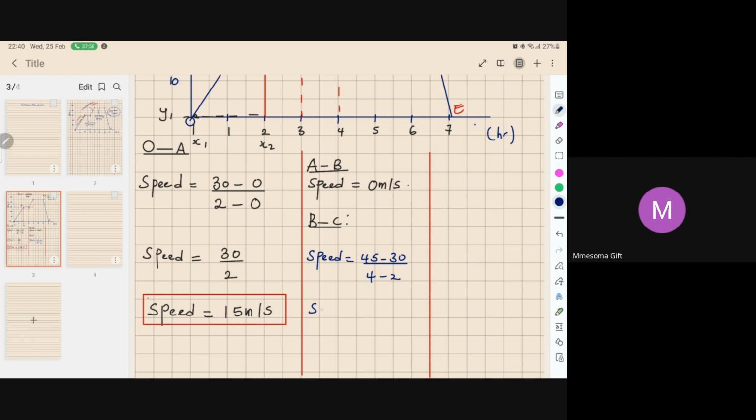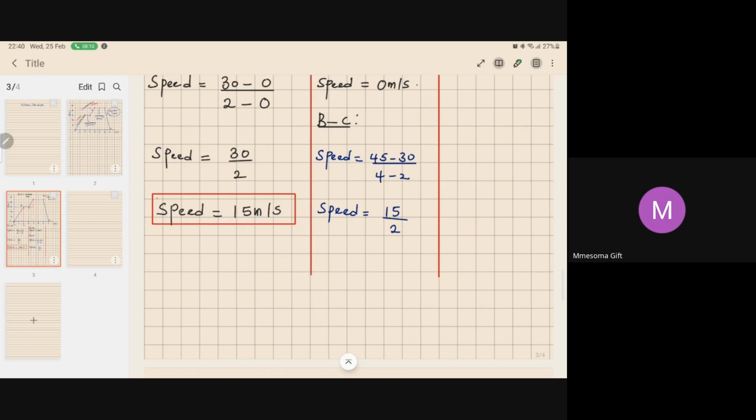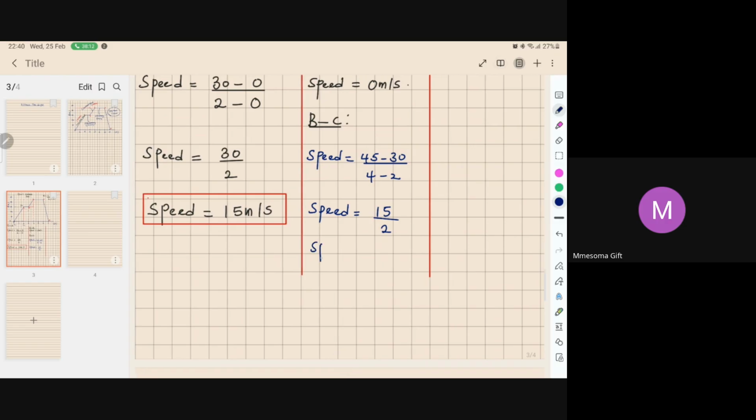So the speed for that section of the journey is going to be equal to 45 minus 30, which should give me 15. 15 divided by what? By 2. So the speed of that journey at that point will be equal to 15 divided by 2, which should give me 7.5 kilometer.